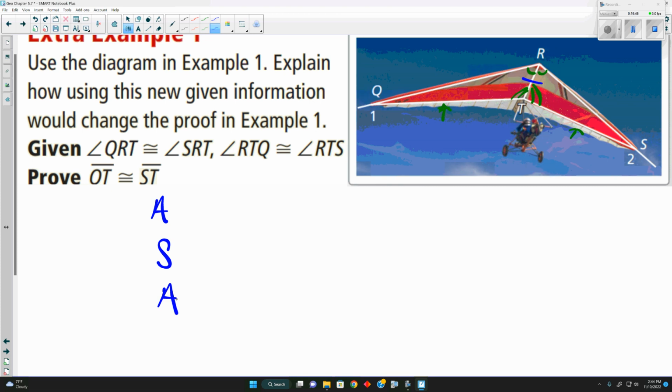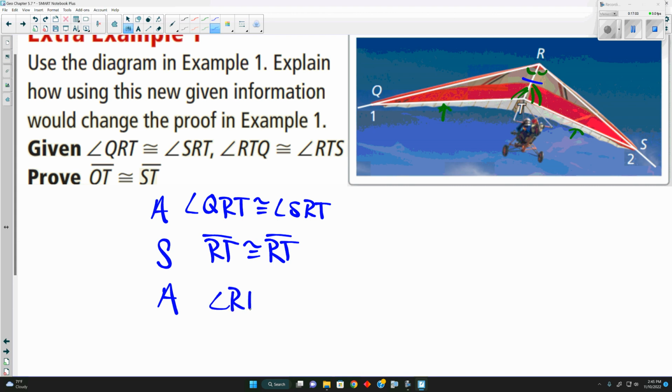So our angle that we have is angle QRT is congruent to angle SRT. We also have that RT is congruent to RT, and our other angle is angle RTQ is congruent to angle RTS.